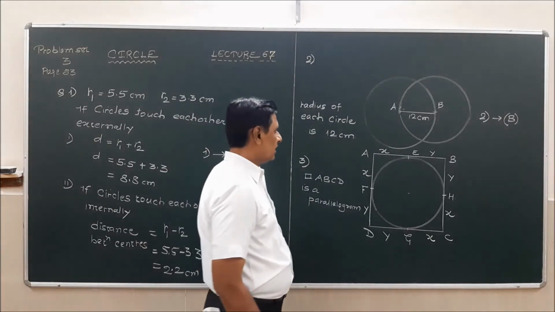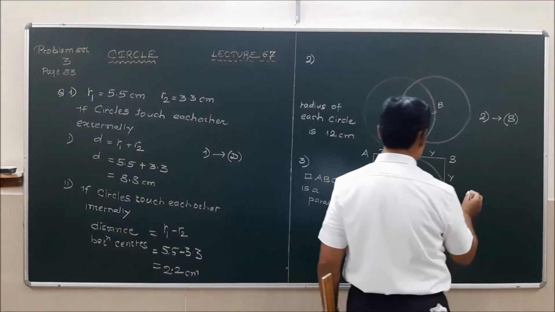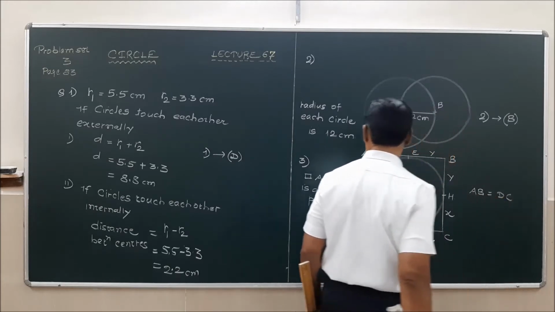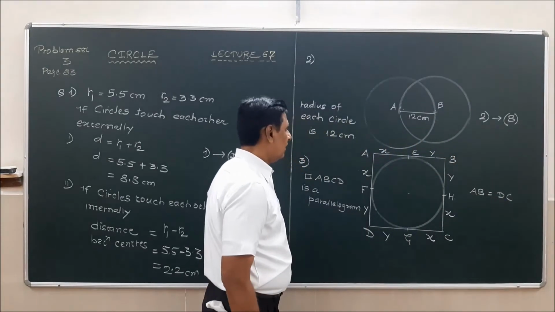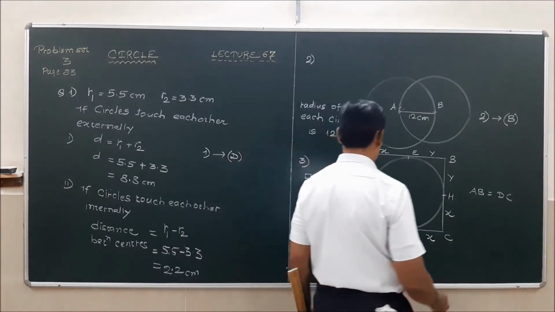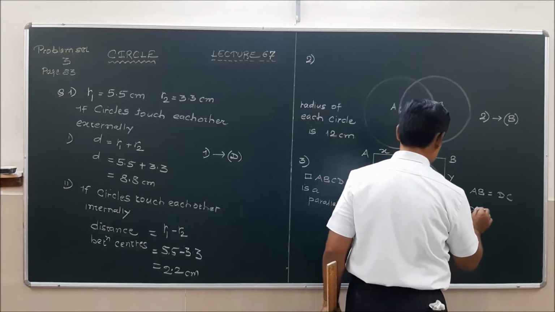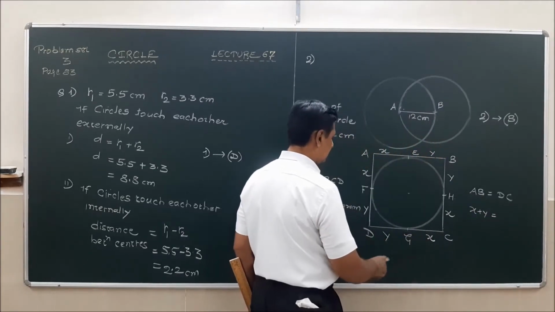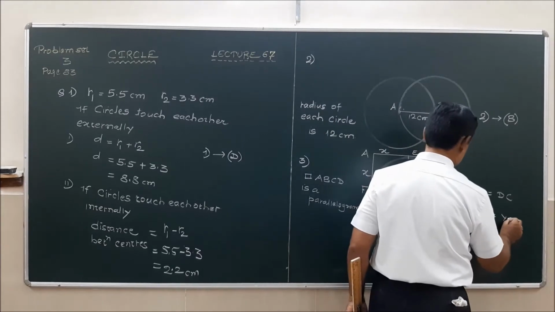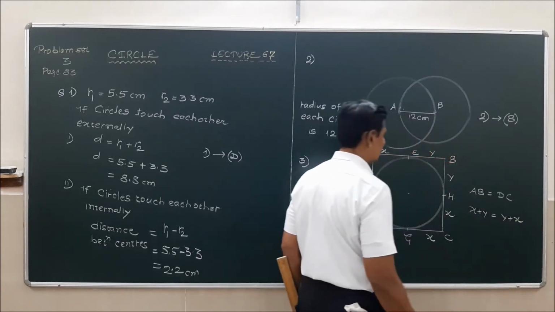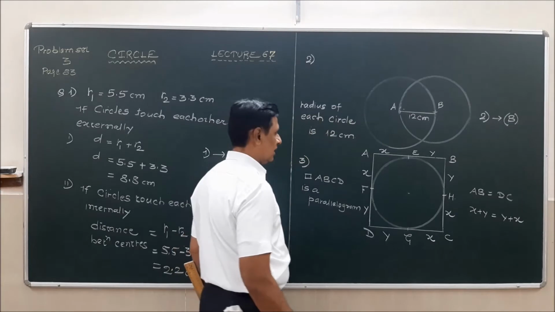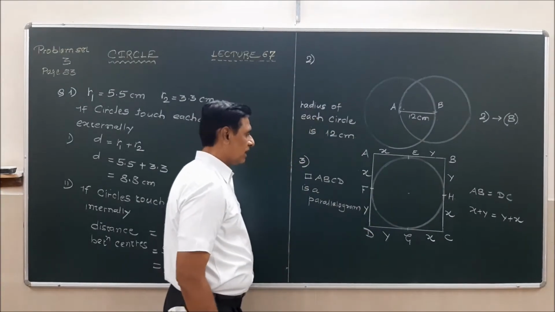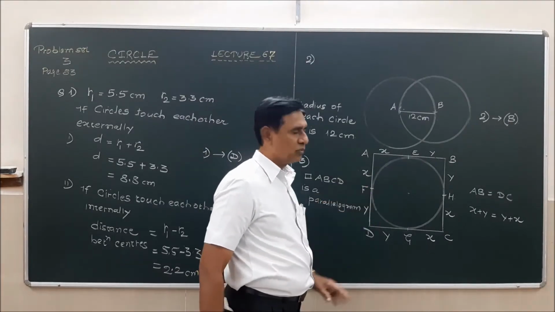Now you will find AB is equal to DC. AB is x plus y, and DC is y plus x. Both of them are equal. This is also x plus y, this is also x plus y, because these are also opposite sides.